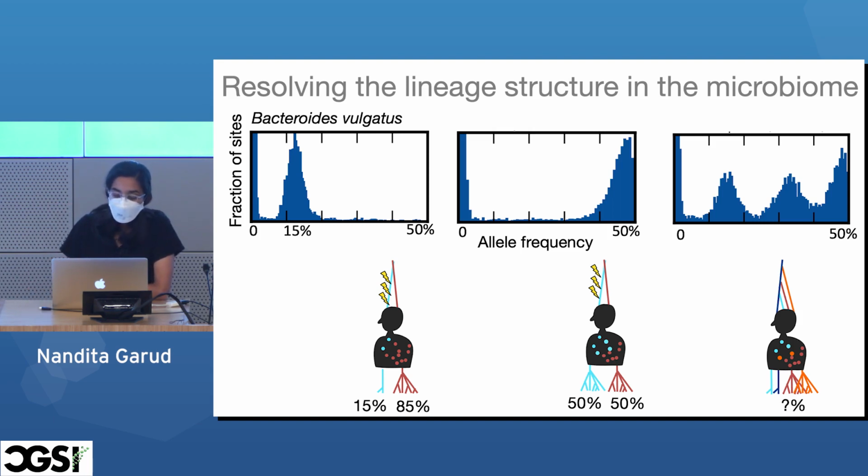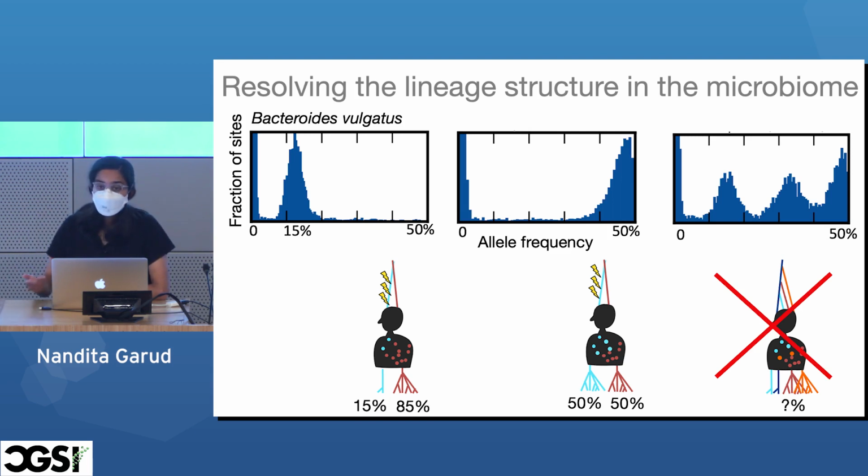And other samples, however, have very complicated lineage structures. Like this might have 3 or 4 strains colonizing it, making it difficult to tease out that haplotype. So we're going to only focus our attention on simple microbiomes, or microbiomes with simple lineage structures, such that we can confidently phase that common haplotype and then track evolution.